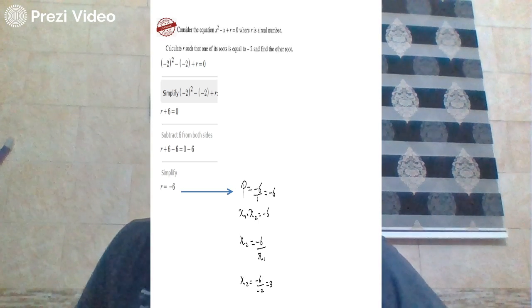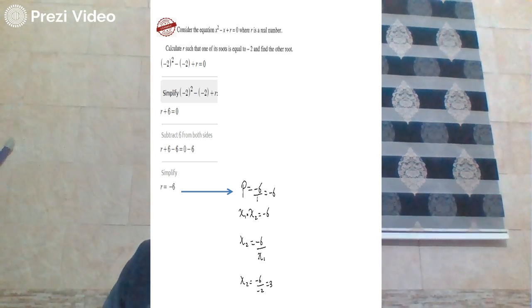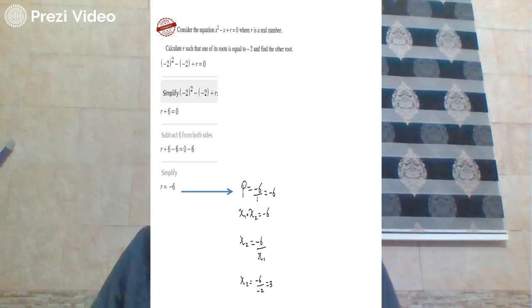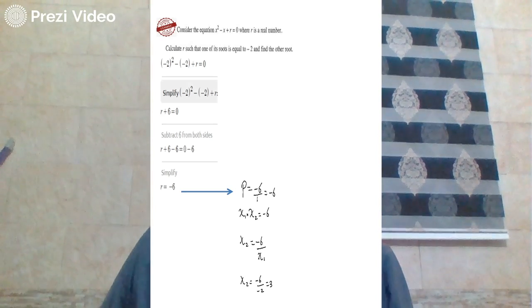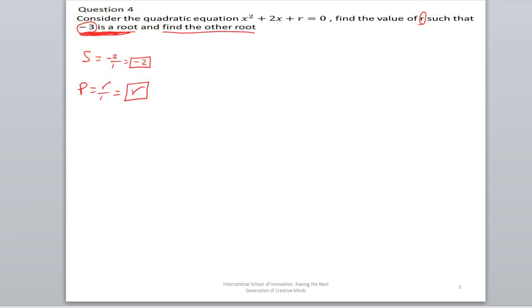What did we do to find r? We substituted. You have a root, so -3 is a root, and you substitute it. It must satisfy the equation.